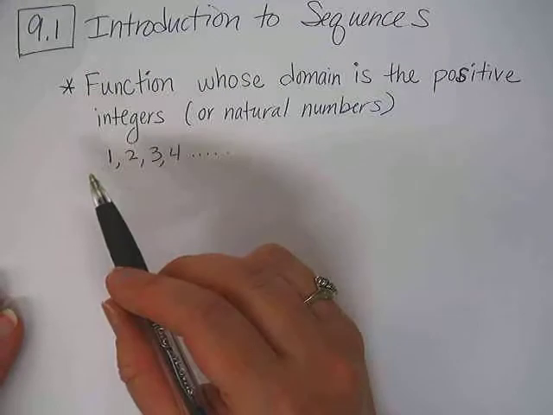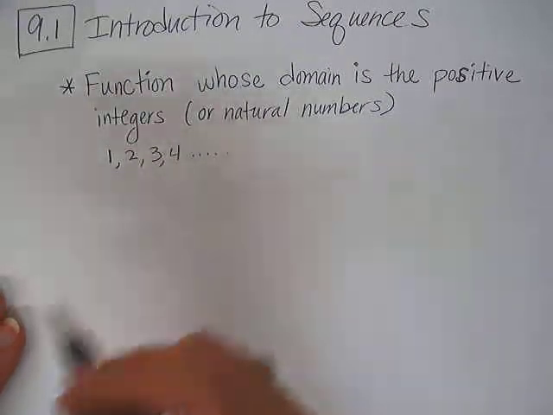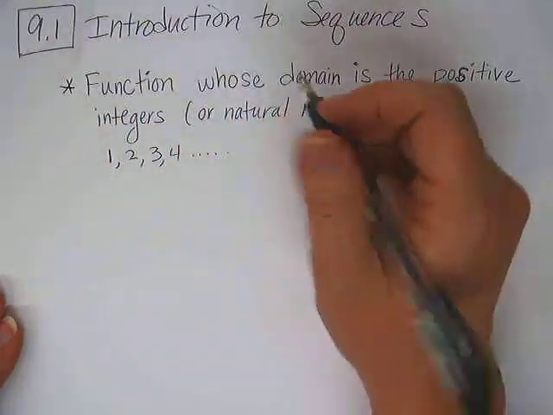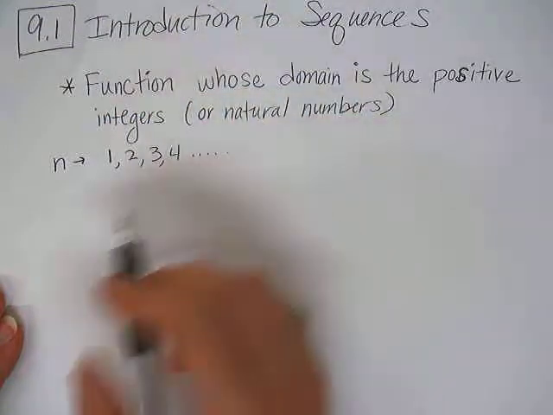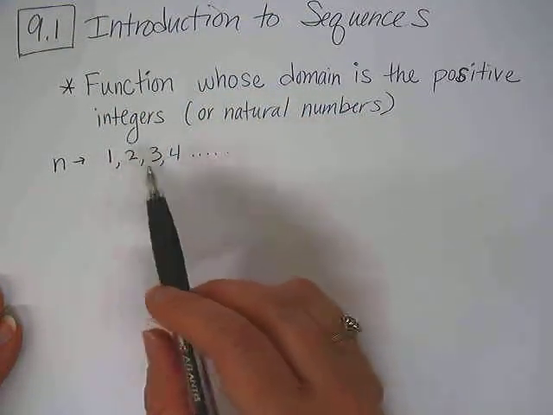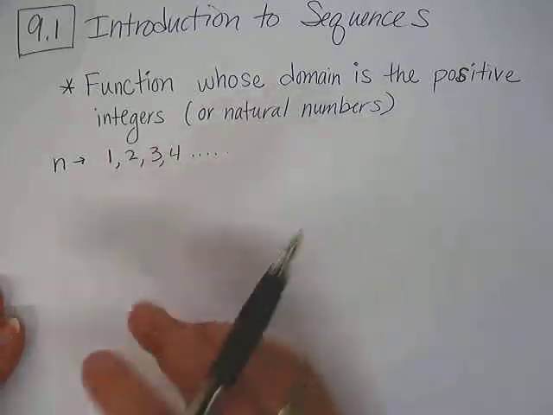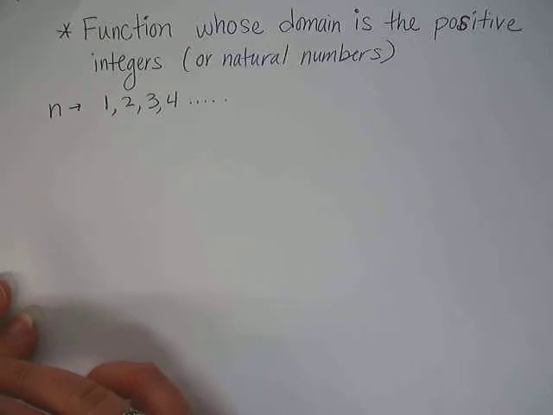Okay, so that's the domain. That's always the number you plug in. But instead of using x for the domain, we usually use the letter n. Not always. But n refers to, I think, the fact that it's a natural number. So that helps us remember that we're plugging in those natural numbers instead of anything. X is more typically used when the domain can be all real numbers.